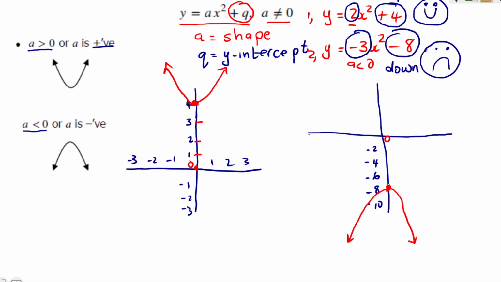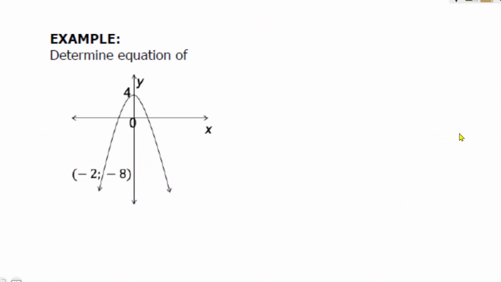So this is example number 1. In this example, you are given the turning point, or you are given Q. Remember, we said now that point is Q. It represents the number of units upon which the graph was lifted.